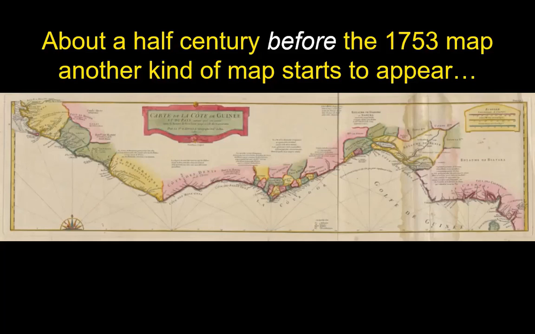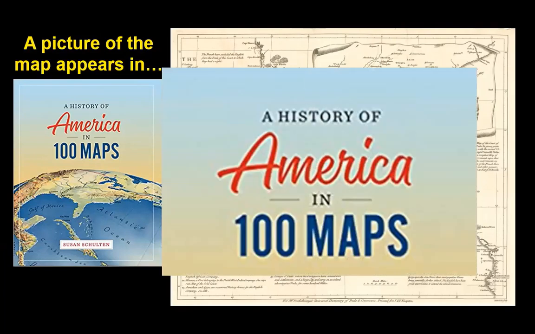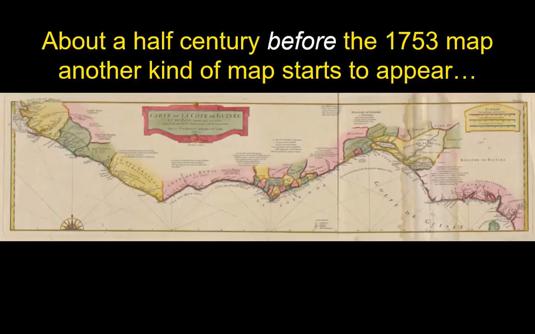A map like this, in effect, documents the scale and scope of the horror of the slave trade. So it was used both simultaneously to encourage further participation in the slave trade by building additional forts and to oppose the slave trade, documenting the horrific scale of the use of forts along this whole area in West Africa.